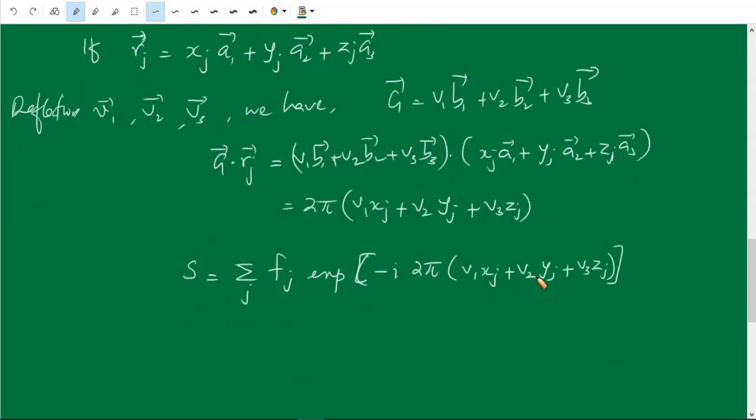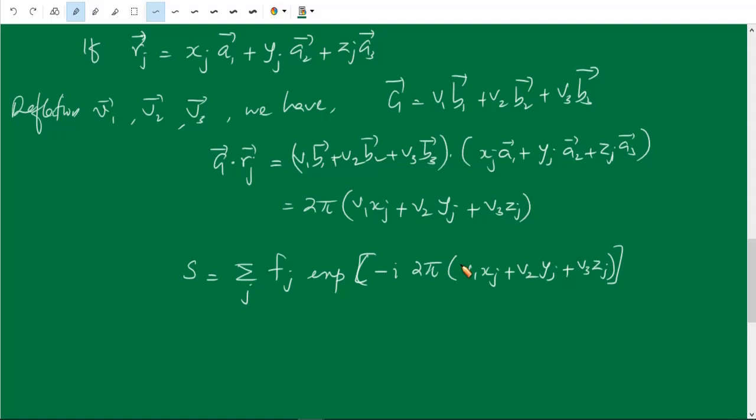Here v1, v2, v3 are the indices of the plane. In some cases it will be HKL also, because in HKL generally there will be a factor divided out, so HKL is the smallest integers.